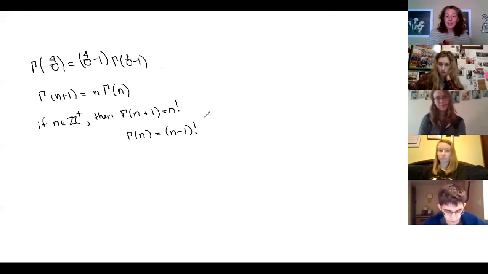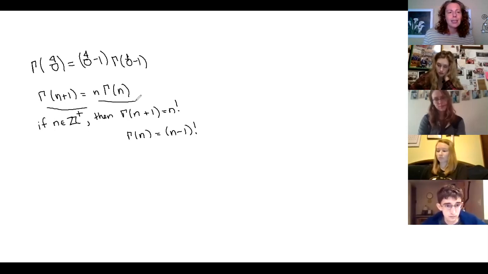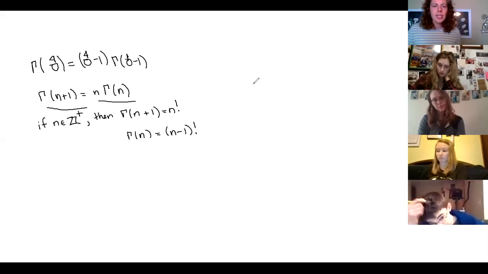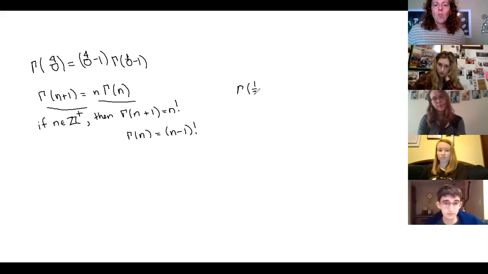So if you have a positive integer, then you can figure out the gamma function really, really easily. If you don't have a positive integer, then you have to use this recursive definition up here. And the one note that you're going to want for the gamma function, the one key value, is that gamma of 1/2 is the square root of pi.